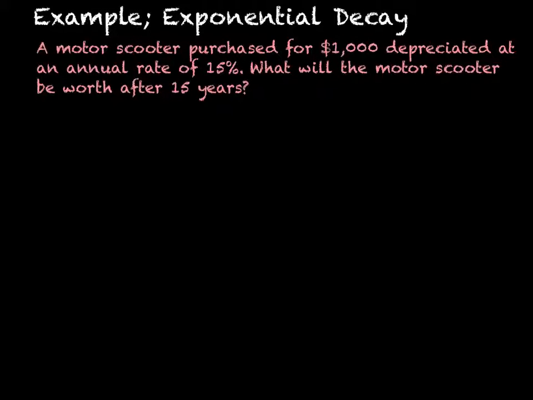And this last example, again, a motor scooter purchased for $1,000 is depreciating at an annual rate of 15%. What will the motor scooter be worth in 15 years? So A(t) equals a times (1 - r)^t. Fill in what I know.